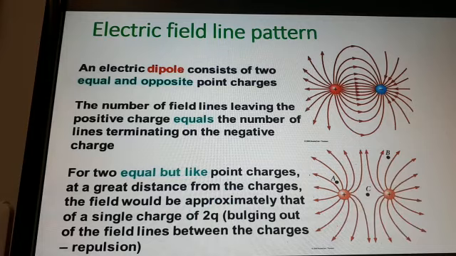For equal but like point charges, at a great distance from the charges the field would be approximately that of a single charge. So they repel each other. This is the field pattern for opposite charges and like charges.